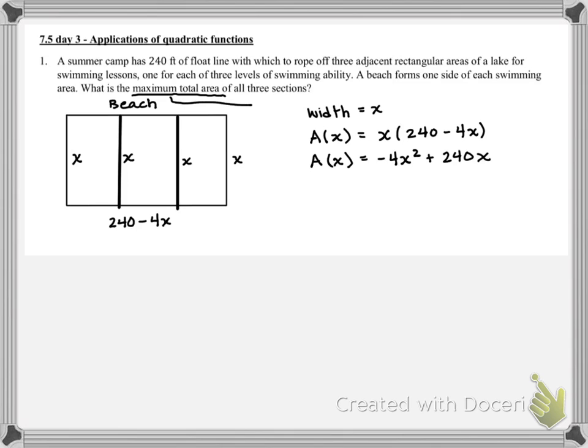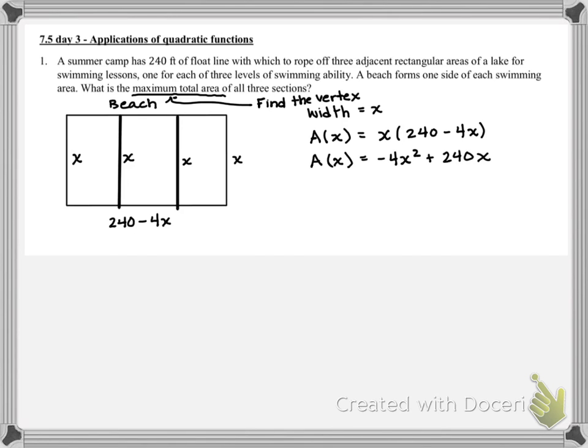So every time we see this maximum or minimum, if we're maximizing or minimizing a quadratic function, that always means to find the vertex. And all the ones we're doing today we're maximizing, but the process for minimizing is exactly the same, right? Depending on the function, it's either going to open up or it's going to open down.